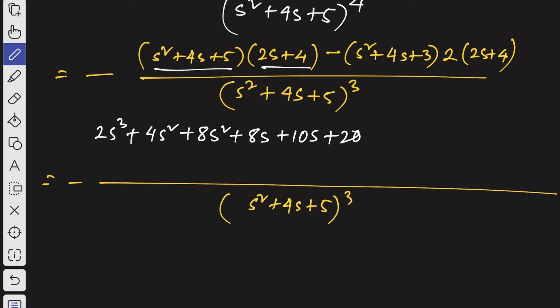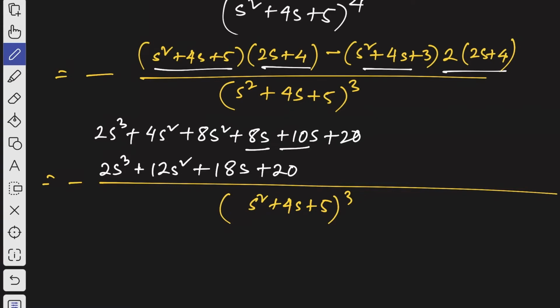So here you see 10s plus 8s, then what will you get? 2s cube plus 4s square plus 8s square, so that's gonna be 12s square, right? So 12s square plus 18s, then plus 20. That's what we will get, right? So hope you have got it.